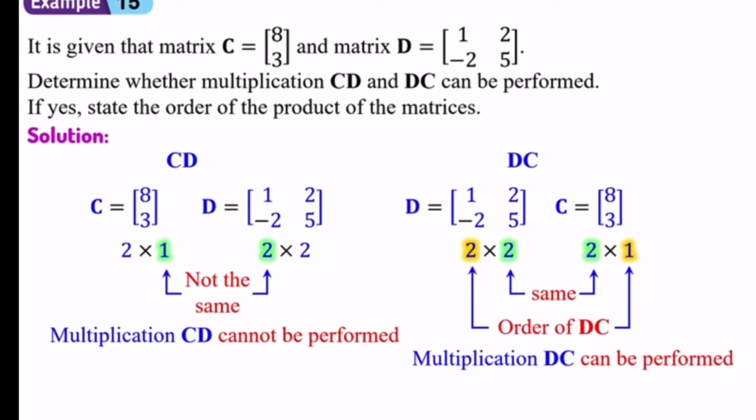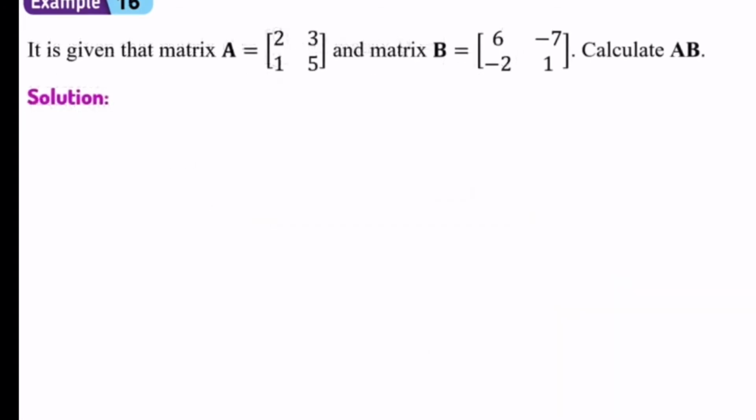Alright. Okay, so let's discuss another example. It is given that matrix A is 2 1 3 5 and matrix B is 6 negative 2 negative 7 1. We want to calculate the multiplication of matrix AB.